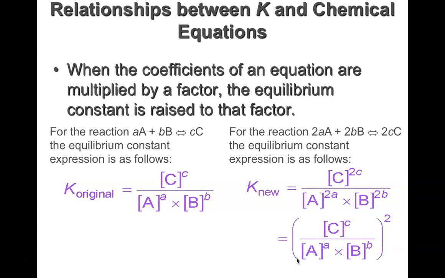So, similar to Hess's law in the manipulation aspect, reversing it, multiplying it, dividing it, but with equilibrium, you have to then raise it to that power, because as you can see from here in the lovely purple, that's the effect it's going to have. Questions on this one? Okay. Anyway, so K new is K raised to the n, whatever you multiplied by, of the original. Got ahead of myself on that one. I apologize.